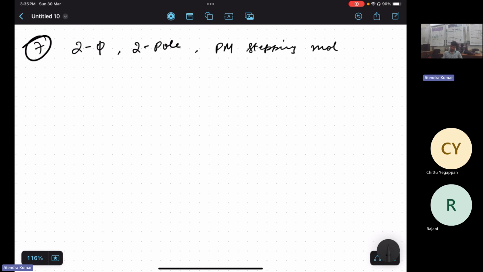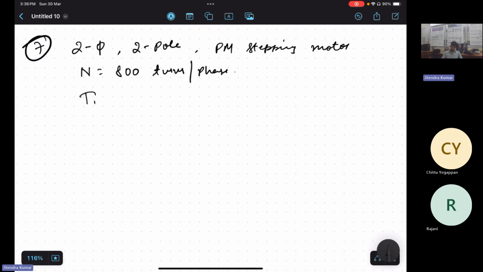Now the last problem, I believe, is repeated, but anyway, it is mentioned. Two phase, two poles, PMS stepping motor. Since it is repeated, you will have to let me know the answer. Number of turns is 800 turns per phase.